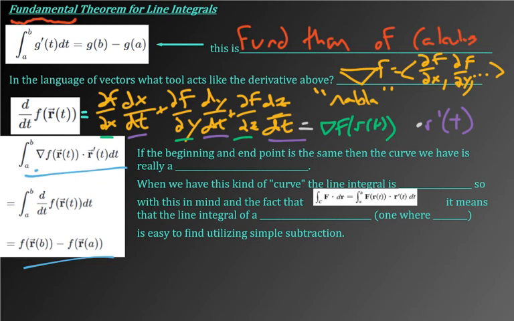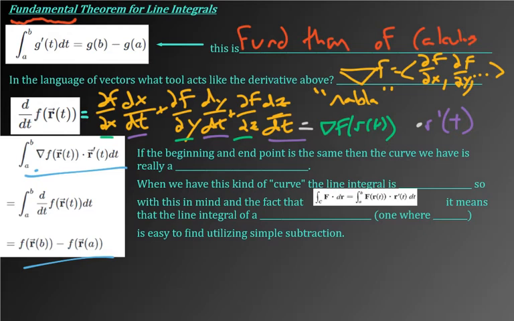And just like the fundamental theorem of calculus, we can do a fundamental theorem of line integrals and say that this integral from a to b of this thing is going to equal just f of r of b minus f of r of a. This is the fundamental theorem of line integrals, this equaling this.